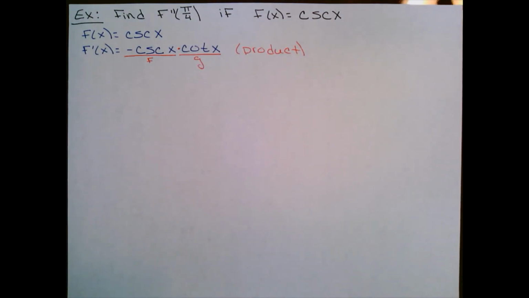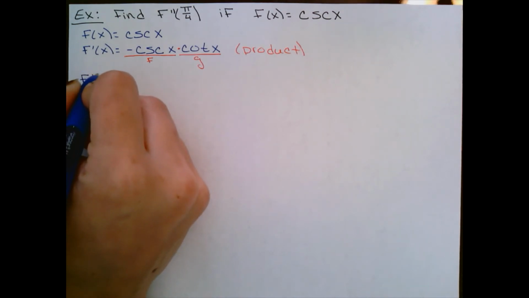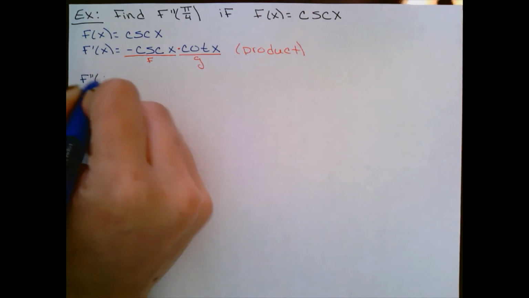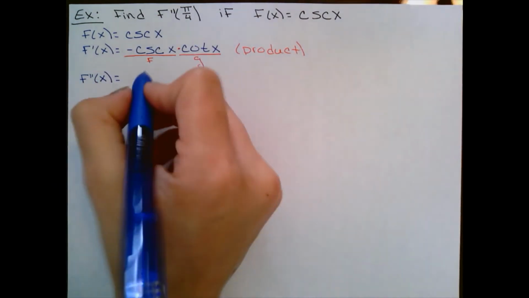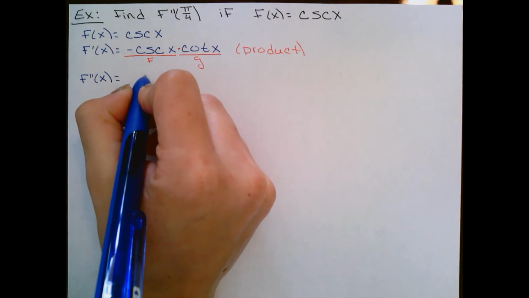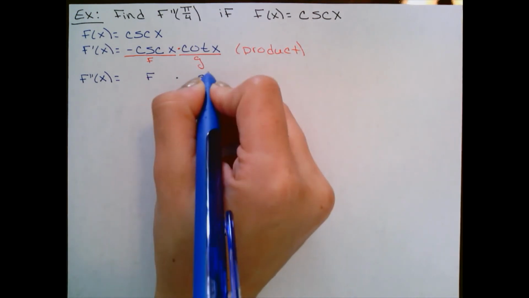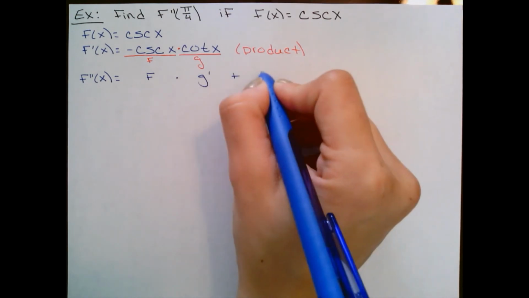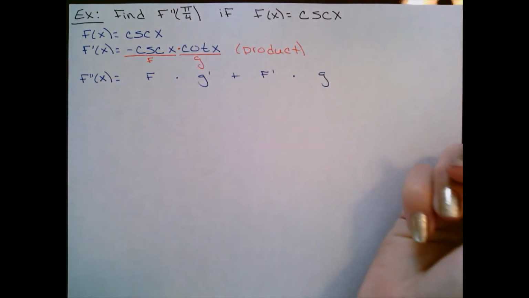So remember, for f double prime of x, I'm going to have to do product rule, which I'll write out just to make sure we don't lose track. Original first times derivative of second plus derivative of first times original of second.